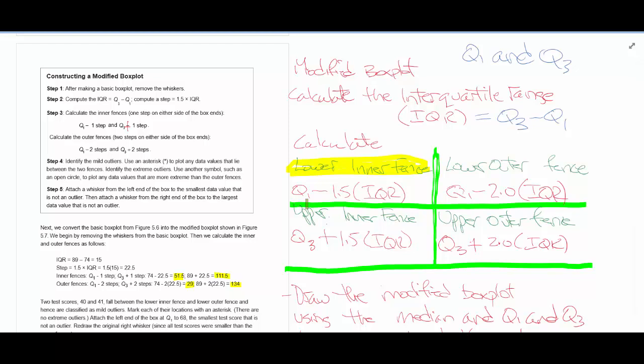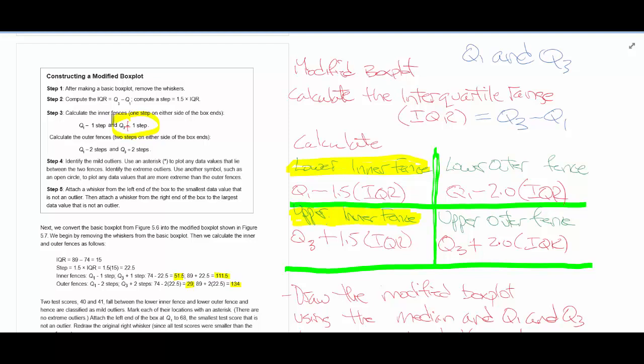Now, to calculate the upper inner fence, you take the interquartile range, multiply it by 1.5, and add it to Q3. I just want to point out in your notes, they have it wrong. So you add 1.5 times the interquartile range to Q3 to get your upper inner fence.